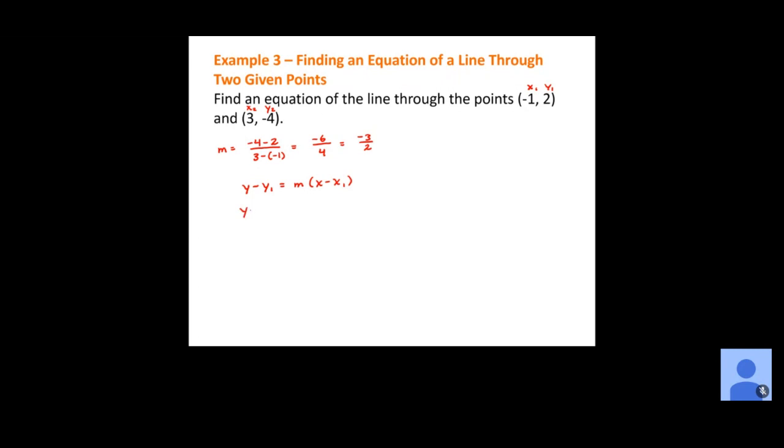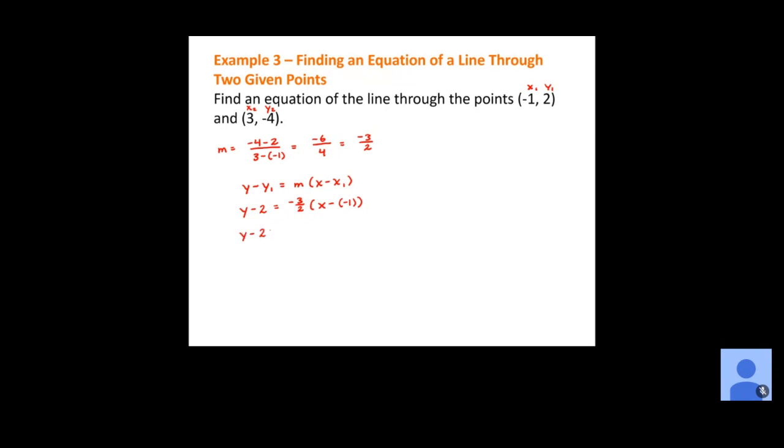We're going to do y minus 2 equals our slope, -3/2, times x minus, and that's going to be a -1. Now, again, I don't want you to leave minus a negative, so go ahead and change that to a plus.